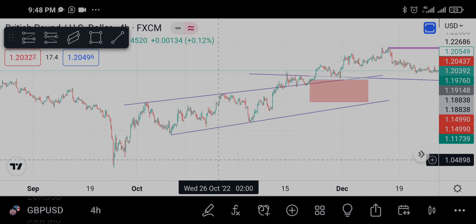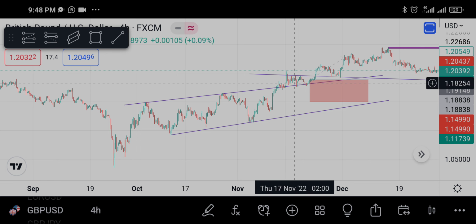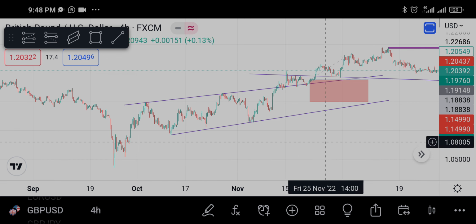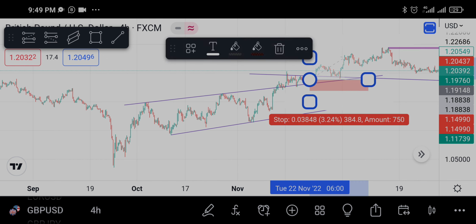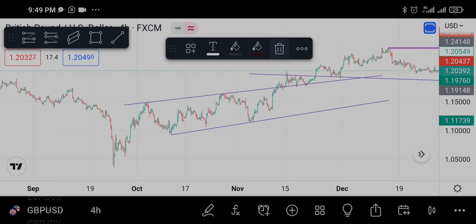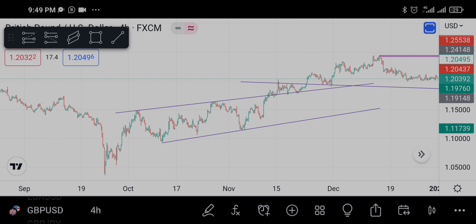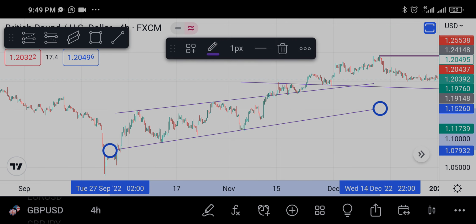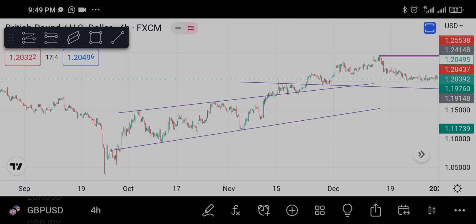The same kind of trend line I drew in Euro USD. This point, all this bridge here. This red stuff is useless, let me delete it. So you see, it's about the same thing I did.